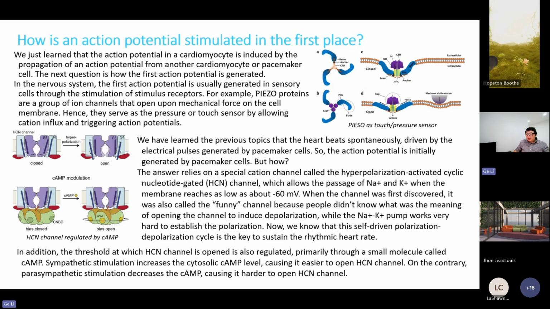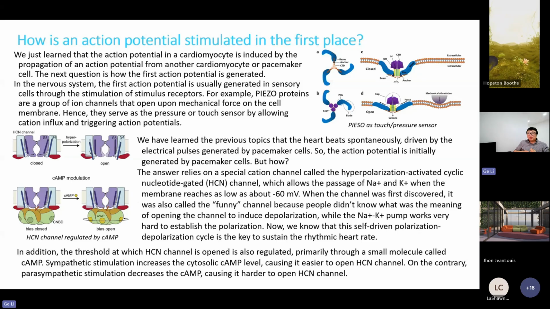the funny ion channel. And this so-called funny ion channel is actually the fundamental mechanism of how the pacemaker cells can spontaneously generate a rhythmic action potential. That's the fundamental way that we can survive.